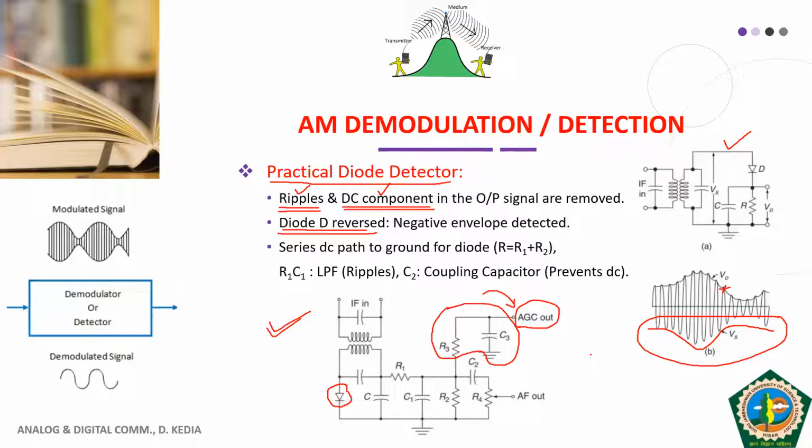As I told you that the concept of IF will be explained later, similarly the concept of AGC will also be clarified later on. But just for introduction, let me tell you the purpose of AGC. Whenever we get back the demodulated signal at the output, depending on the strength of the signal at the input to the receiver, your output signal strength varies.